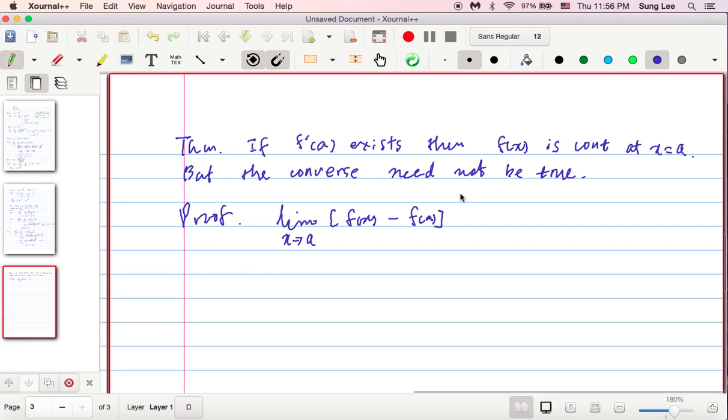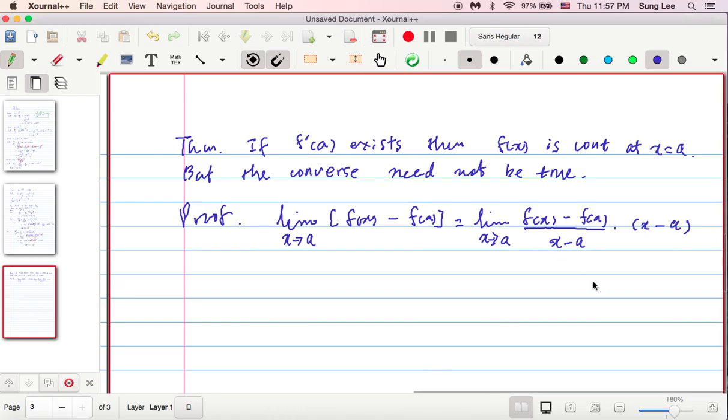Okay, so that equals the limit as x approaches a of f of x minus f of a, divided by x minus a and multiplied by x minus a.